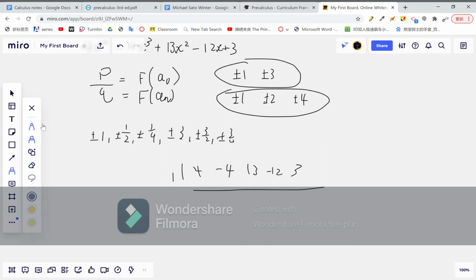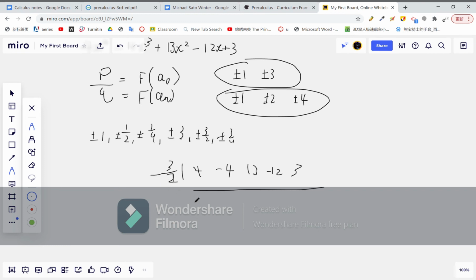Then 3/2: we get 6, 24, that's not going to work.